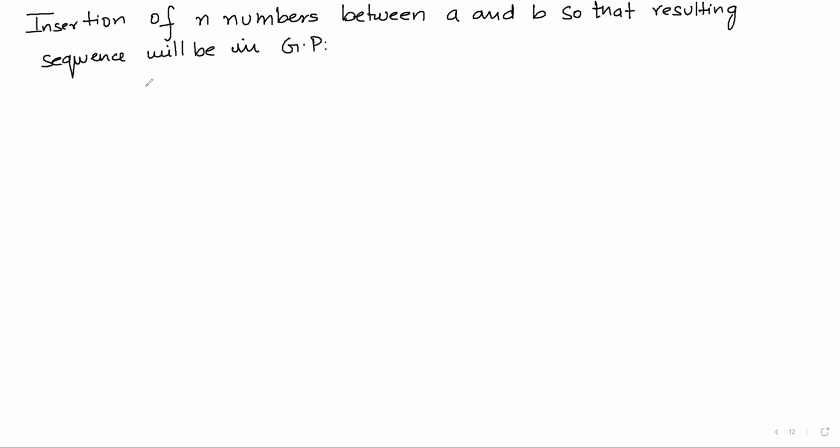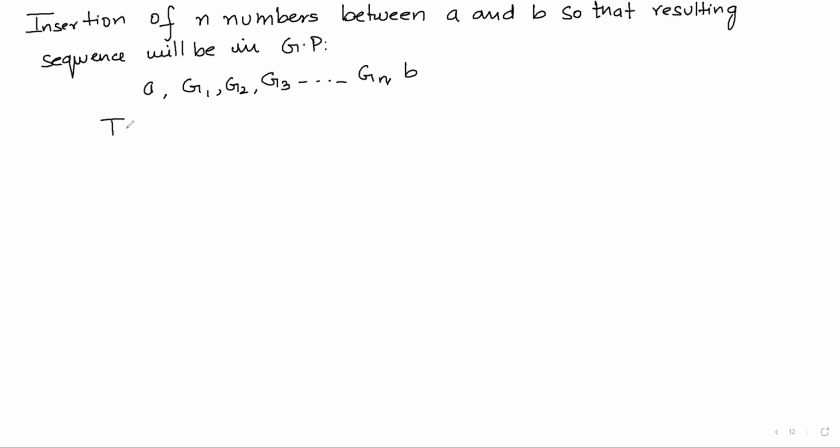Okay, so we have two numbers A and B, and between them we need to insert n numbers. So G1, G2, G3 up to Gn, and this sequence will be in GP.